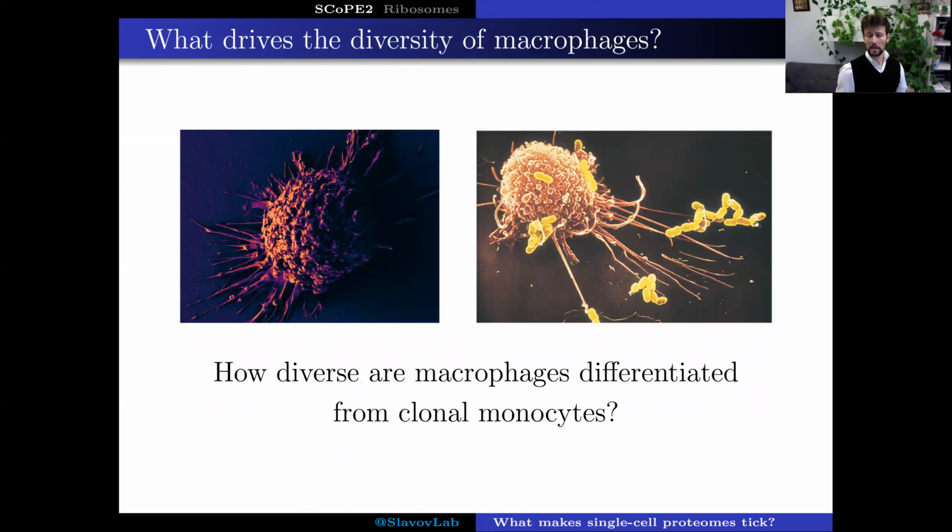We have applied our single-cell proteomic methods to a variety of different systems. One particular example that I'll mention here is understanding macrophage polarization. Macrophages are innate immune cells that are present in all of your tissues. They're part of the initial response that your immune system has to various pathogens.